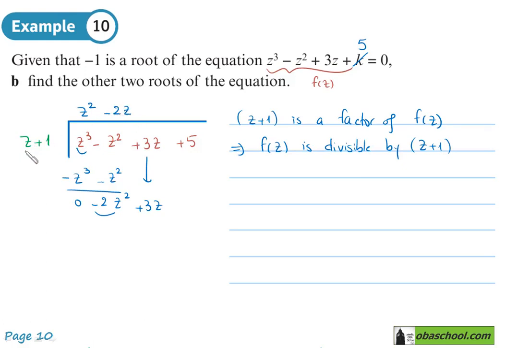Multiplying minus 2z times z is minus 2z squared, and minus 2z times plus 1 is minus 2z. We subtract these two expressions, changing the signs of the terms of the second expression. Minus 2z squared plus 2z squared is 0, plus 3z plus 2z is 5z, and plus 5 gets down.